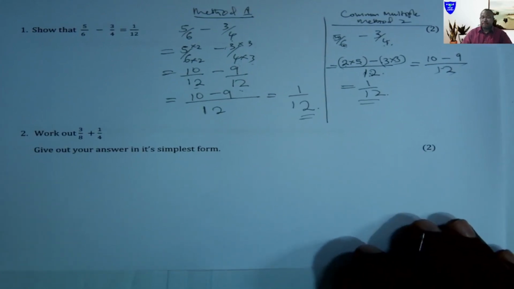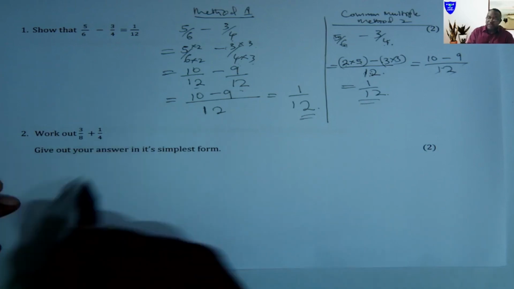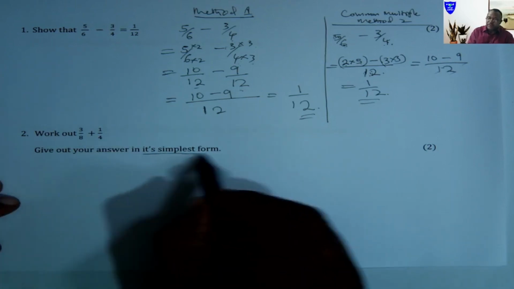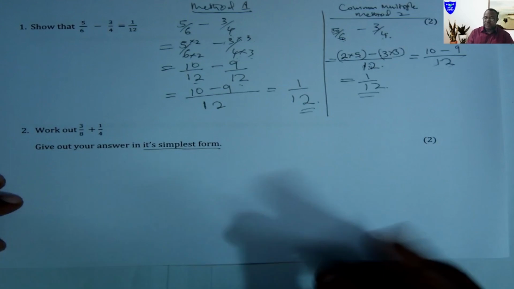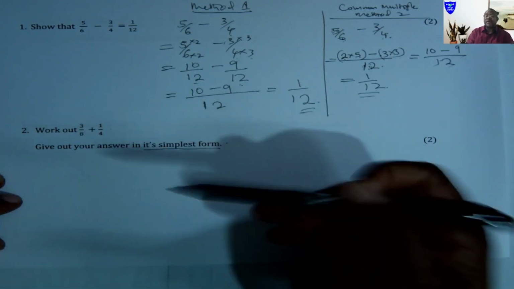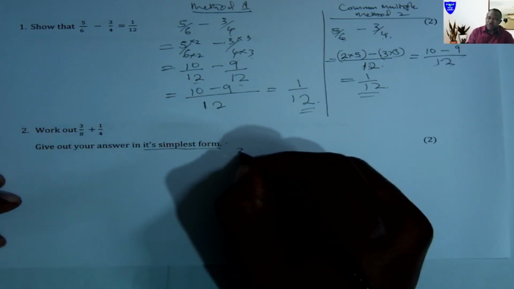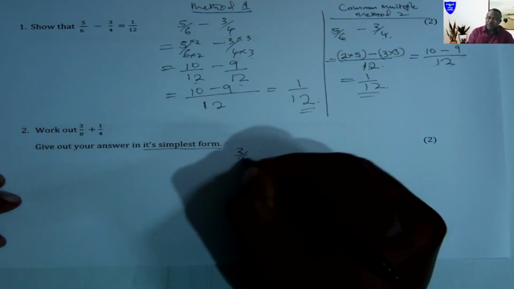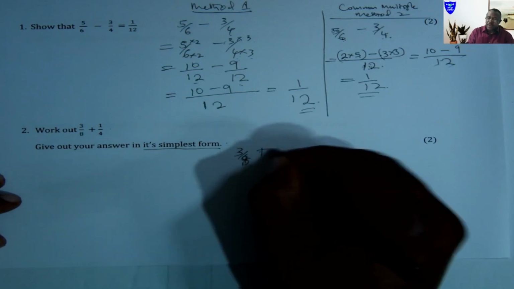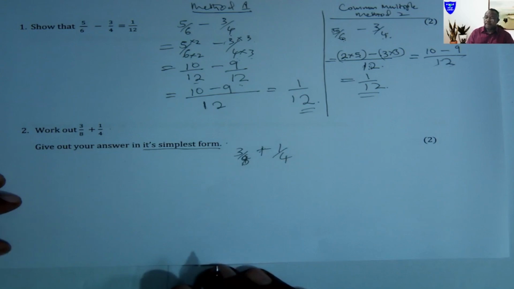Okay? Then number 2, work out the following and give your answer in its simplest form. So what this is asking us is, once we've got the answer, guys, we need to simplify the answer. Okay? Now this is how you do it. 3 out of 8 plus the quarter. Right?